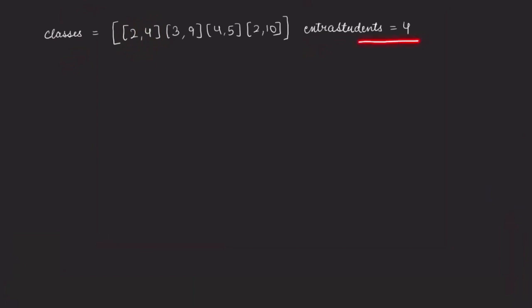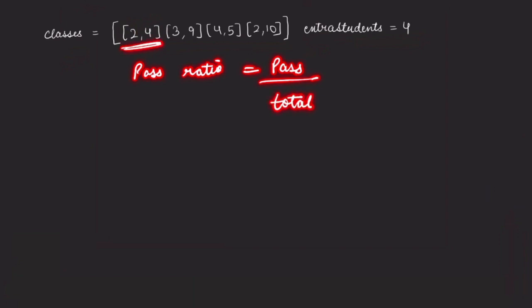Now we need to assign all these extra students to these classes in such a way that we maximize our average pass ratio. Now first of all, what is the pass ratio of a class? The pass ratio of a class is equal to the number of passing students divided by the total number of students in that class. So for this particular case, it will be 2 by 4, which is 0.500.